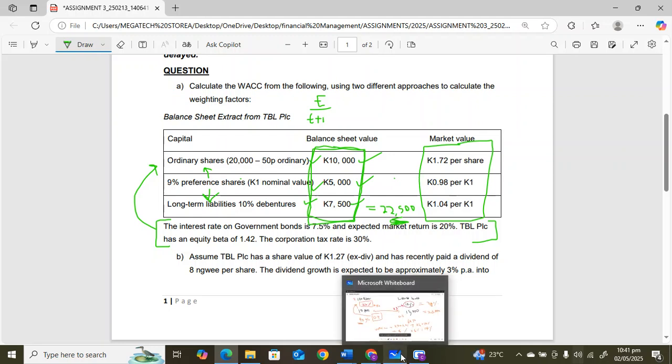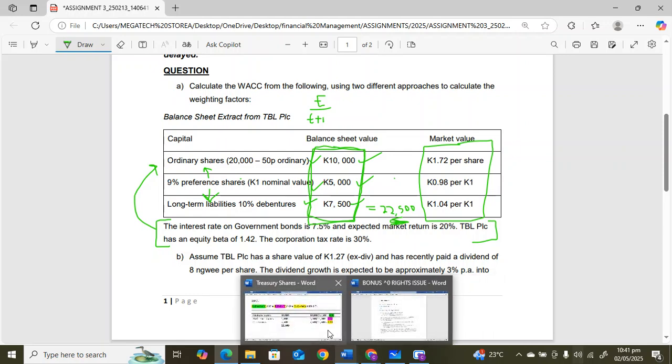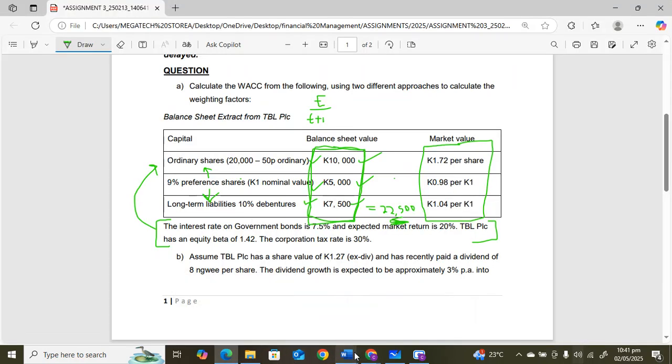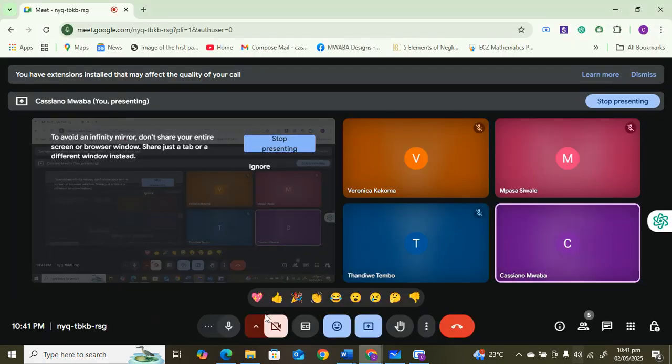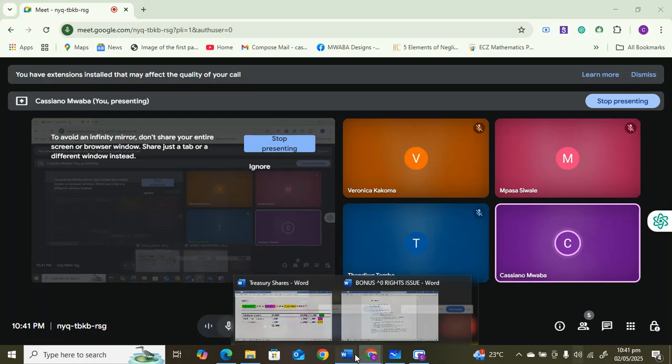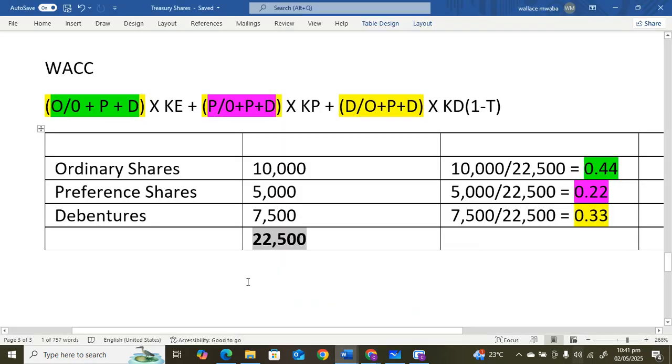Basically, how we get the market value: for ordinary shares, it's the number of ordinary shares times the market price. For preference shares, it's the number of preference shares times the market price. For debentures, it's the number of debentures times the market price. Okay?